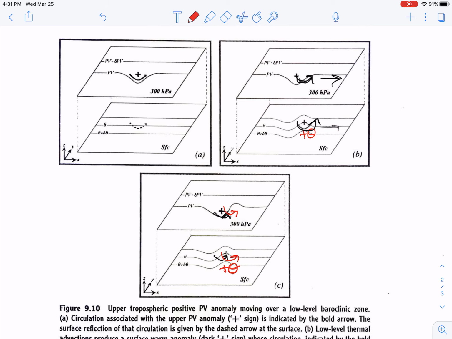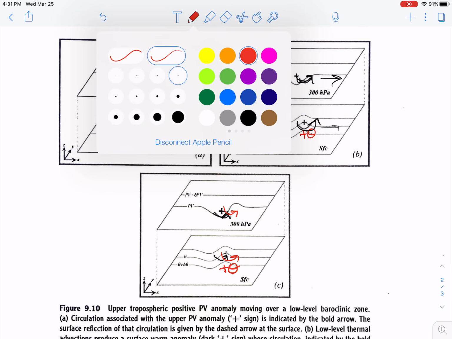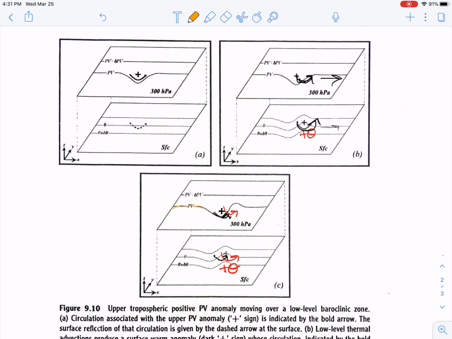Now we see this little bulge here in our 2 PVU surface, and from there we see basically an amplification of this upper level pattern, which would be exhibited by a strengthened jet stream. And so what we're essentially seeing here is the coupling between our surface positive theta anomaly and our upper level positive PV anomaly.